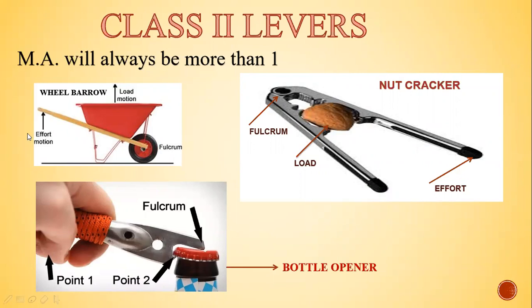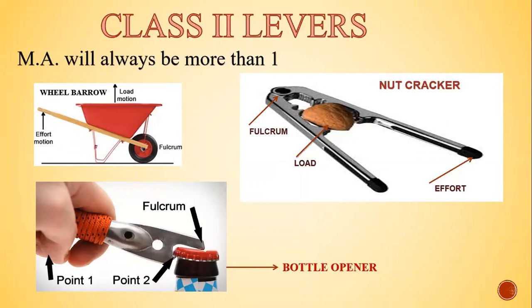What is the ratio of effort arm to load arm? The effort arm is the distance between the point where the effort is applied and the fulcrum. This distance is greater than the distance between the load and the fulcrum.